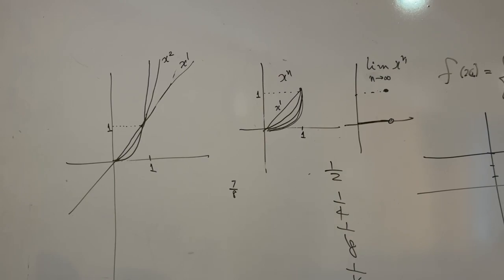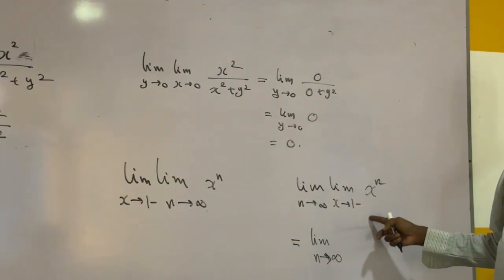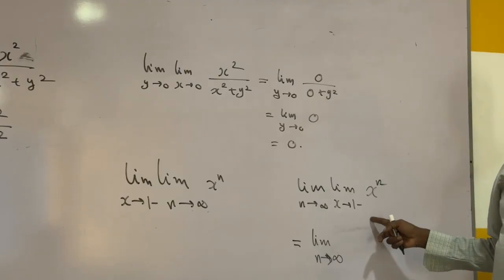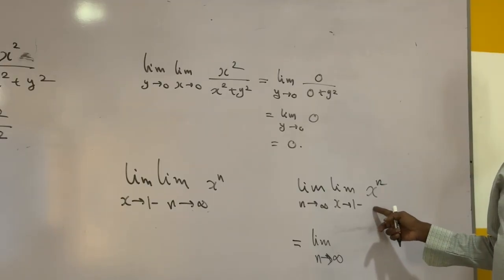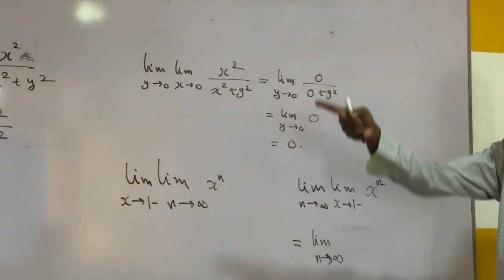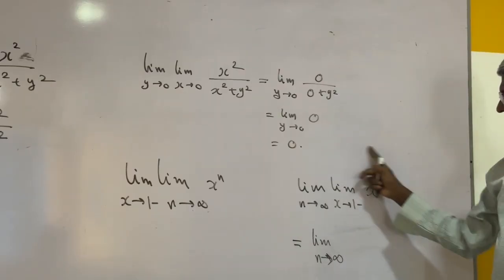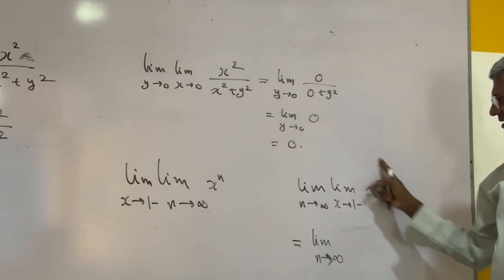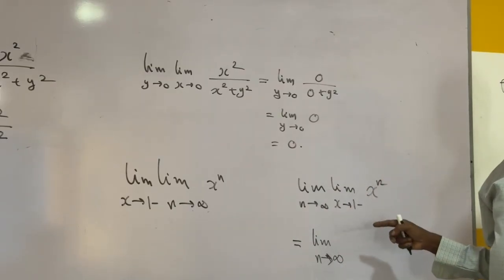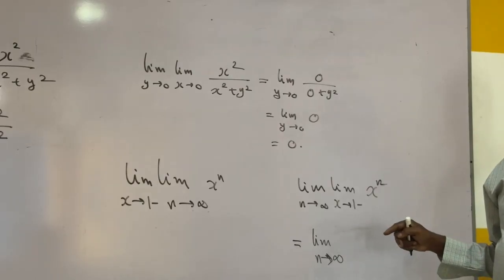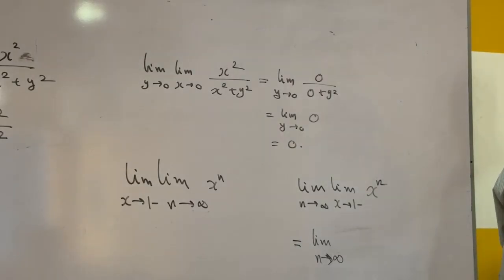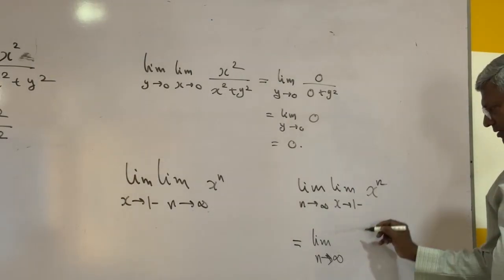Anyway then, this answer, x to the n when x tends to 1 minus, now we did it too. This part, x to the n, x tends to 1 minus. This is 0, no? This one is 0.